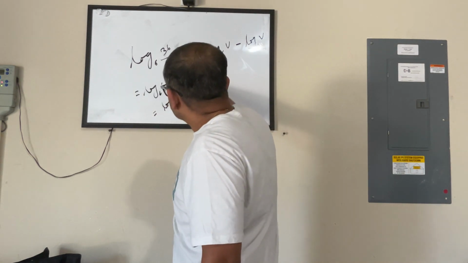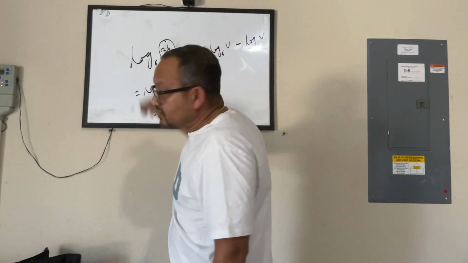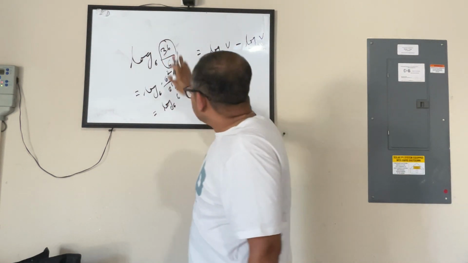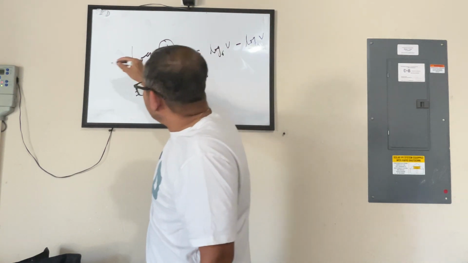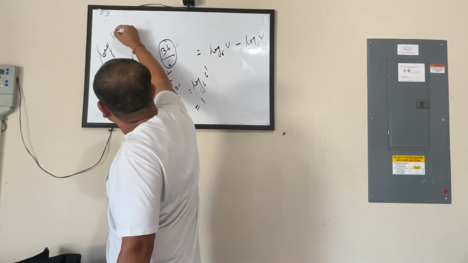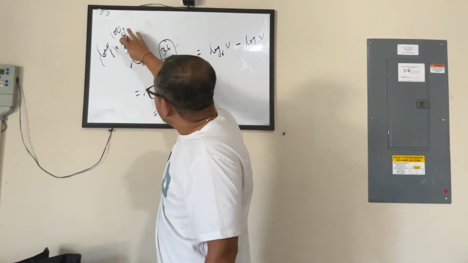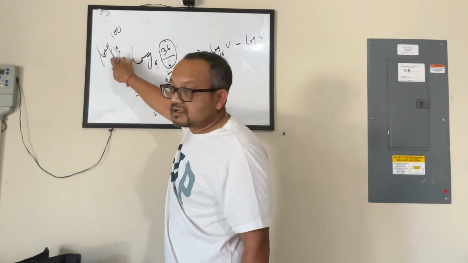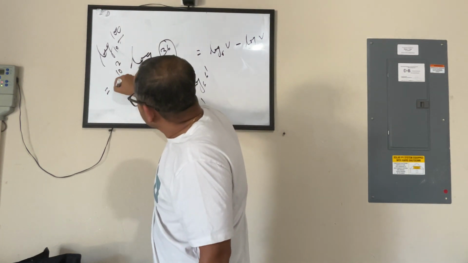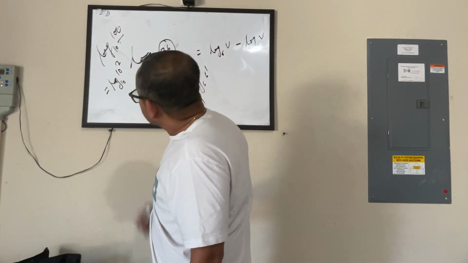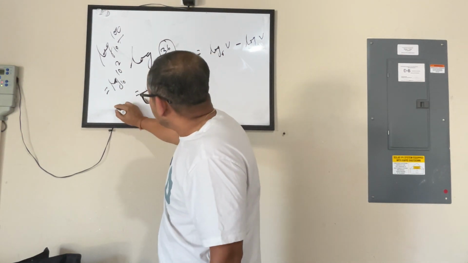If you are doing this, ultimately any number for which you have to try to find out the log has to be derived as a power of the base. If you are trying to find log of 100 with this, you have to derive 100 as the power of this base. 100 will be 10 power 2, so log of 100 with the base 10, and whatever the power, that is your answer.